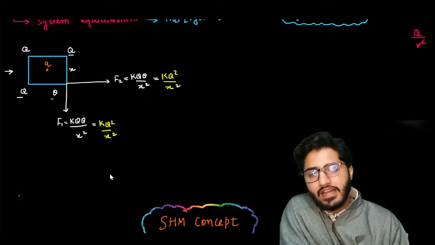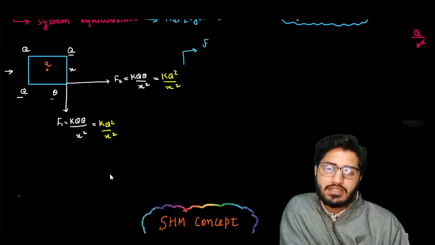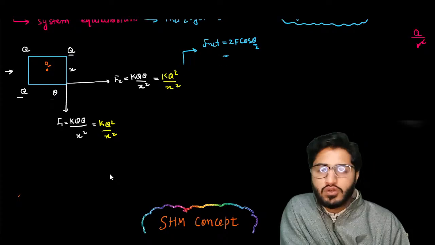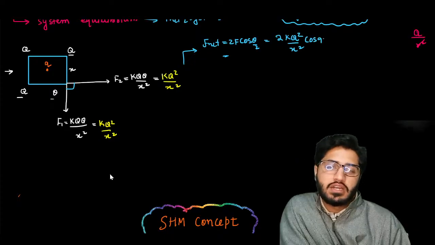So its net value would be, as we had discussed, 2F cos theta by 2. The angle between them is 90, so I can write 2F, where F is K Q square by X square, cos 90 by 2, that is cos 45. I can write 2 K Q square by X square cos 45, and cos 45 is 1 by root 2.